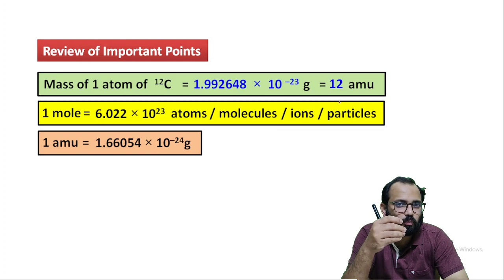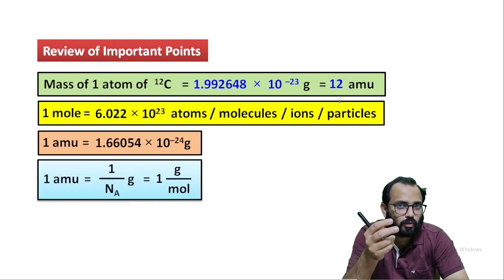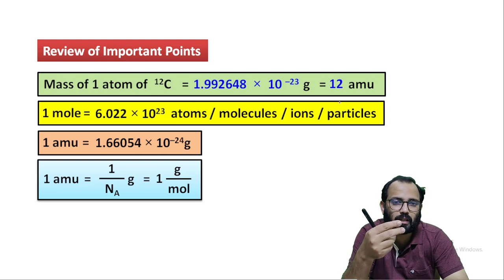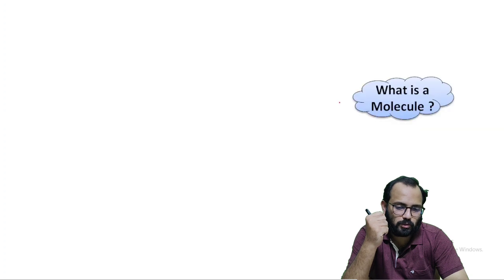What is the value of 1 AMU? It is 1.66 × 10^-24 gram, and 1 unified mass 1 U is equal to 1 gram per mole. So the mass in gram per mole is numerically equal to the mass in unified mass unit.